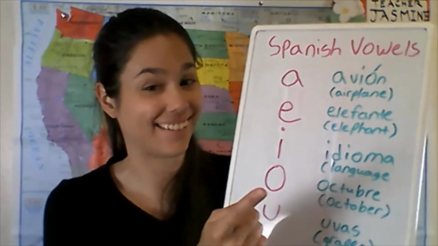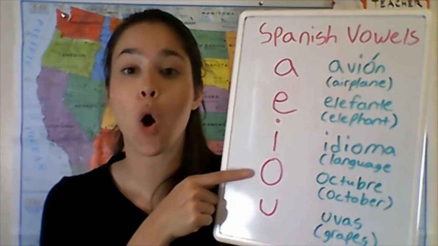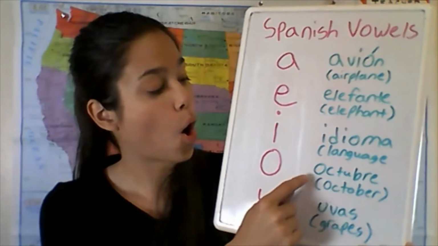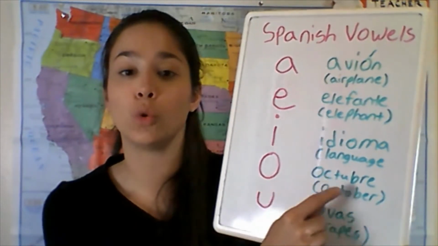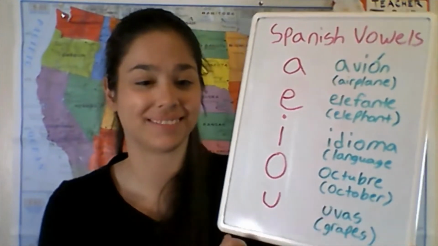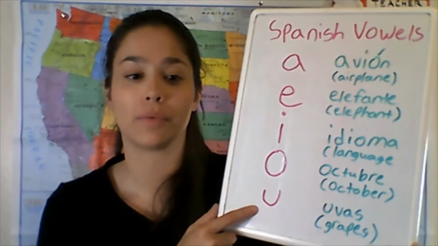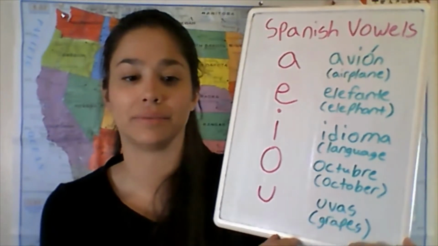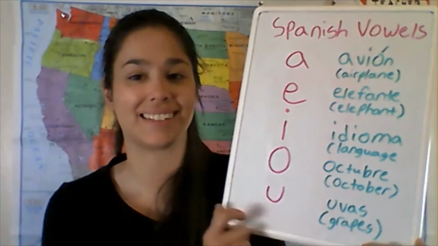Good. Language. We have O. Octubre. Octubre. October. And the last one. Uvas. Uvas. Grapes. Good job!